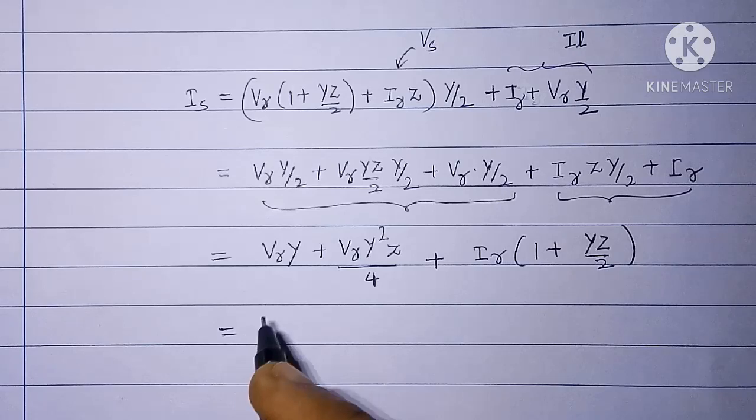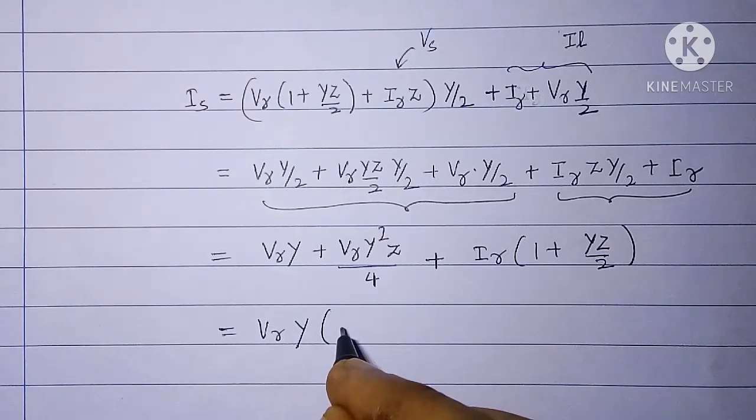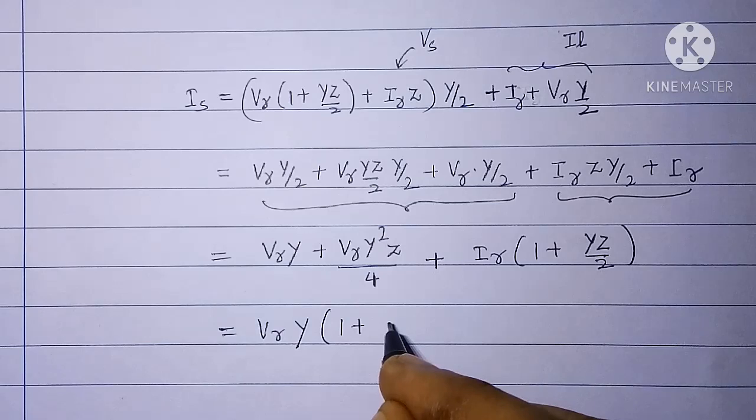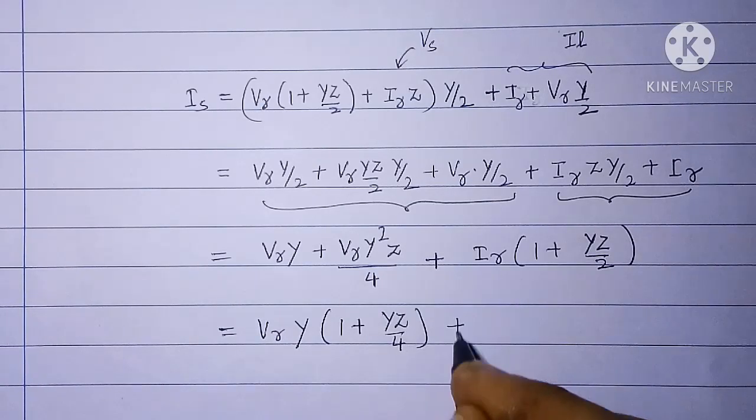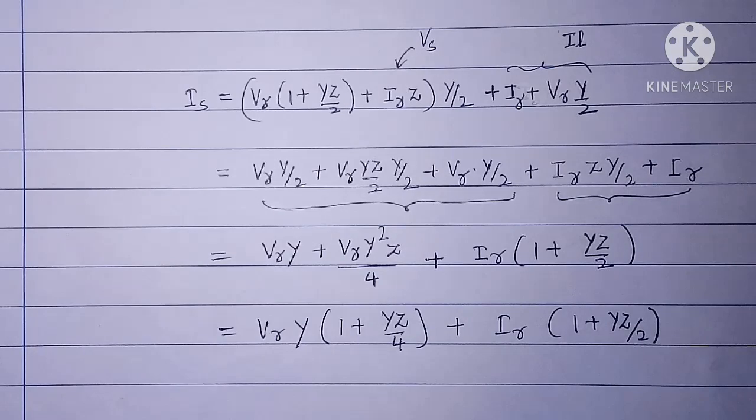Taking VR and Y common outside, we get VR into Y into the bracket 1 plus YZ by 4 plus IR into 1 plus YZ by 2 as it is.